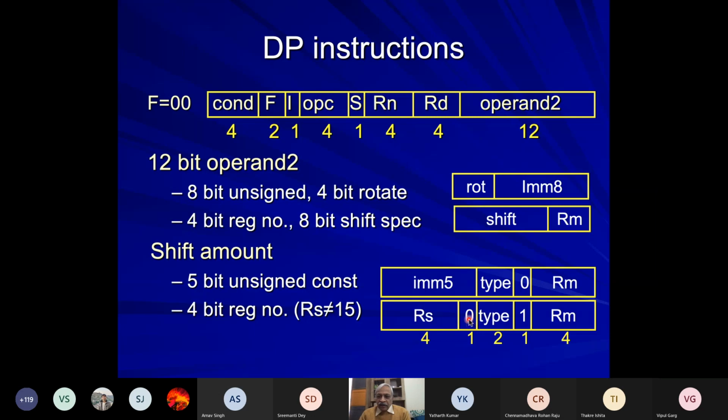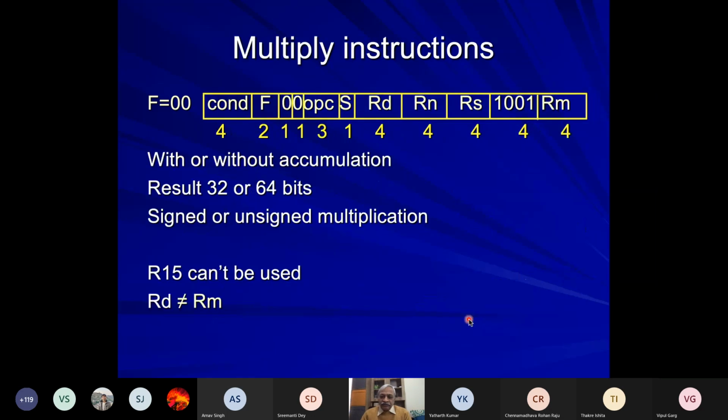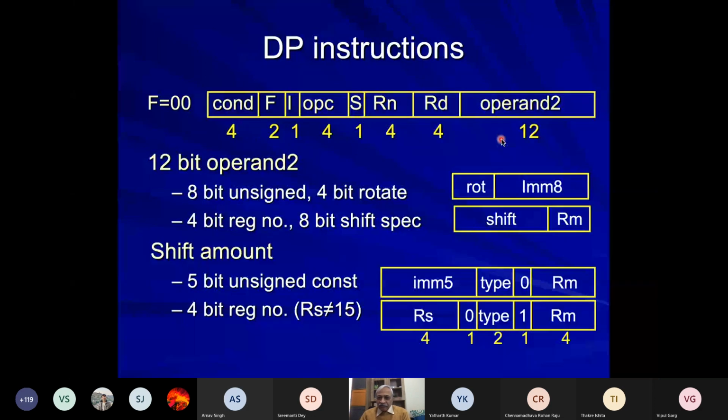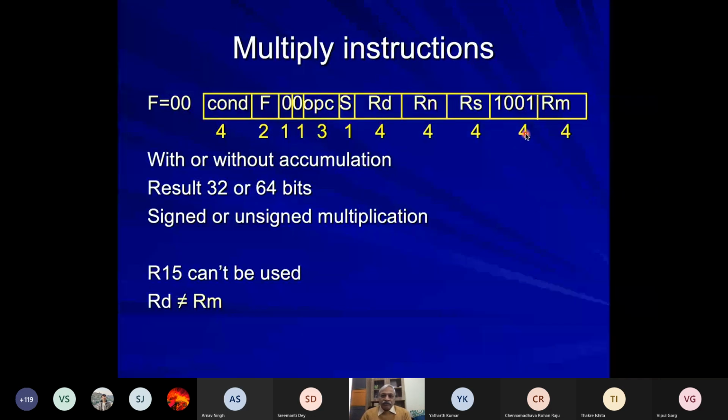And if you put a 1 here, then it opens the space for other groups of instructions. Multiply group of instruction is one group. So in this part, which is just left of Rm, that is these 4 bits, 2 bits of type, and this bit on the left, this bit on the right, if this pattern is 1001, we get to the multiply group of instruction.